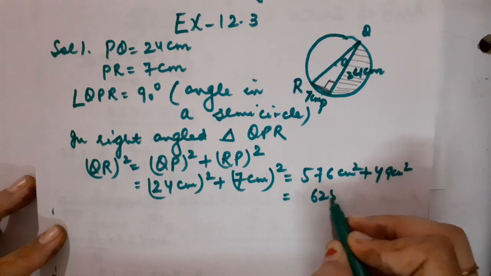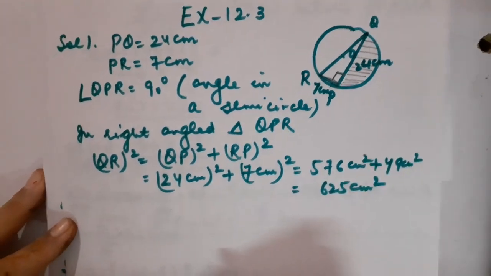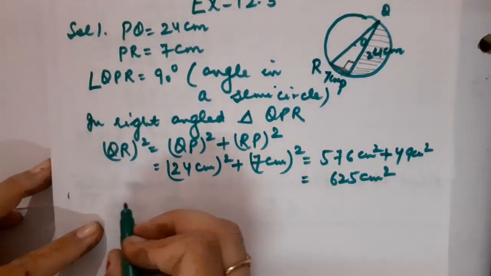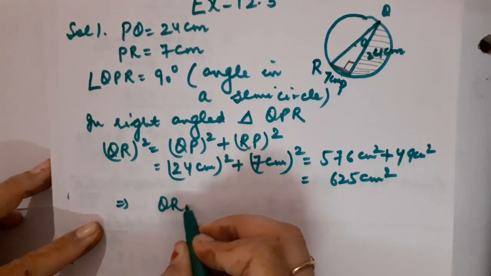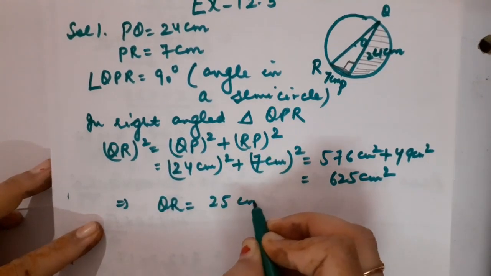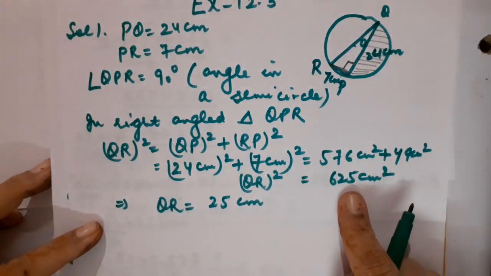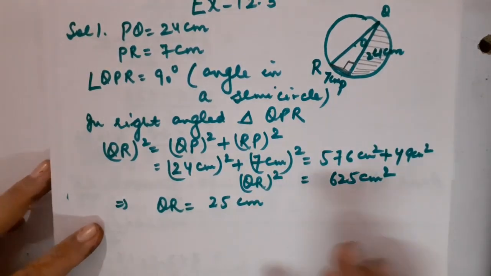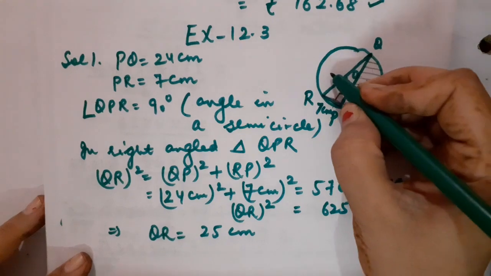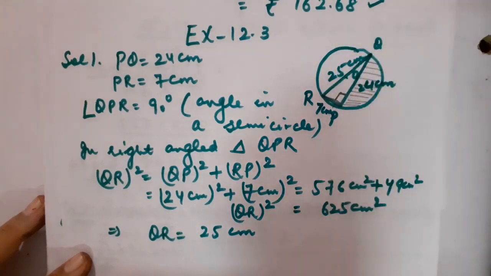So this is 625 centimeter square, which is QR square. So QR is equal to 25 centimeter, because 625 is a perfect square. I am writing 25 centimeter in the diagram.